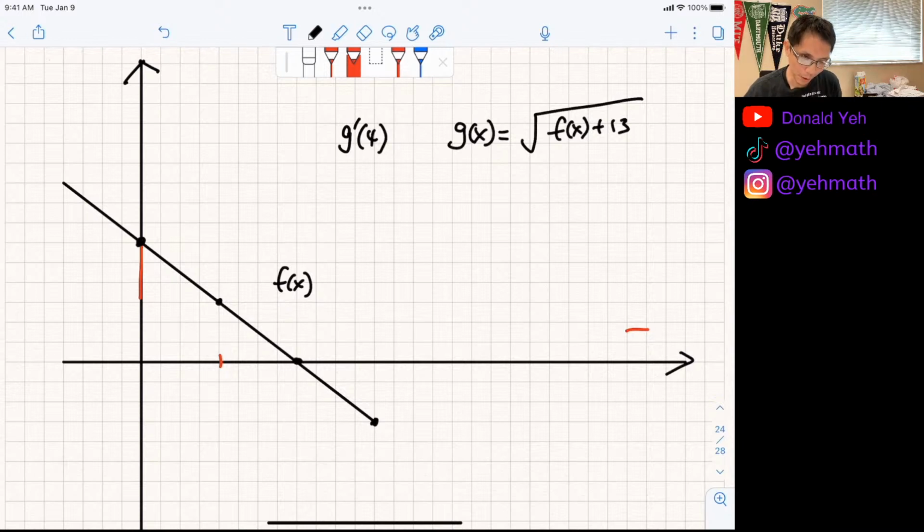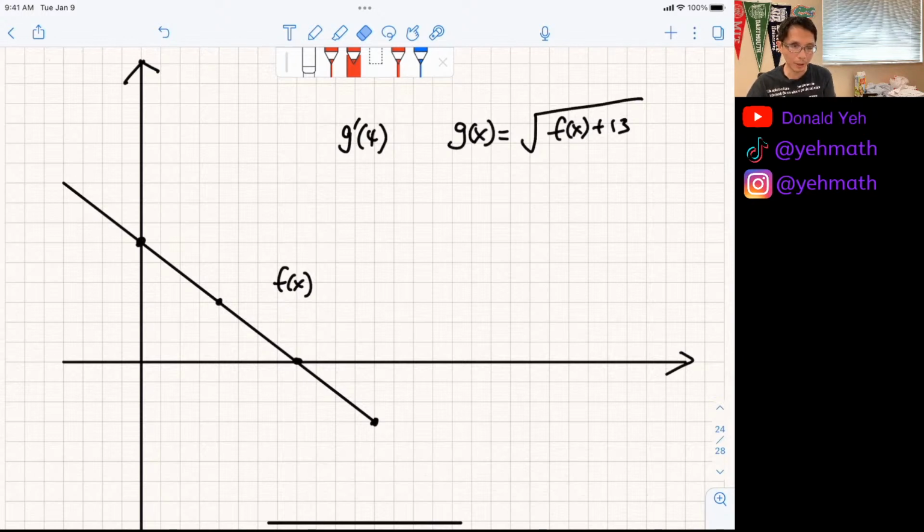I want you to figure out what is g prime of 4 using this graph. The answer you saw earlier might not be the right answer because I just changed the number really quick. So what is g prime of 4 when g of x is equal to square root of f of x plus 13?